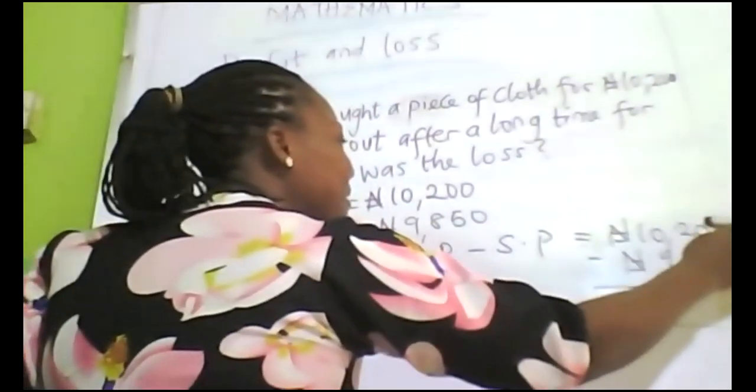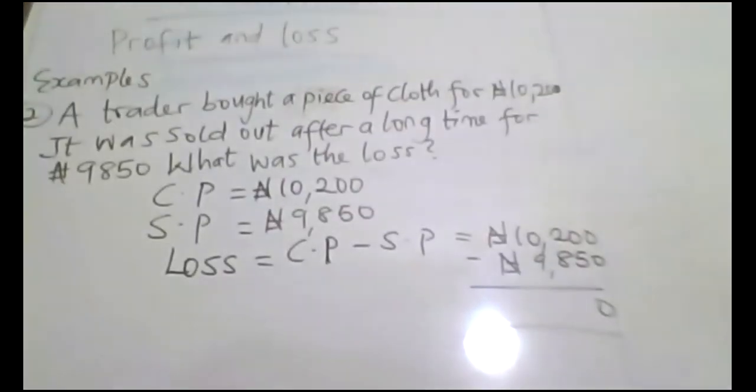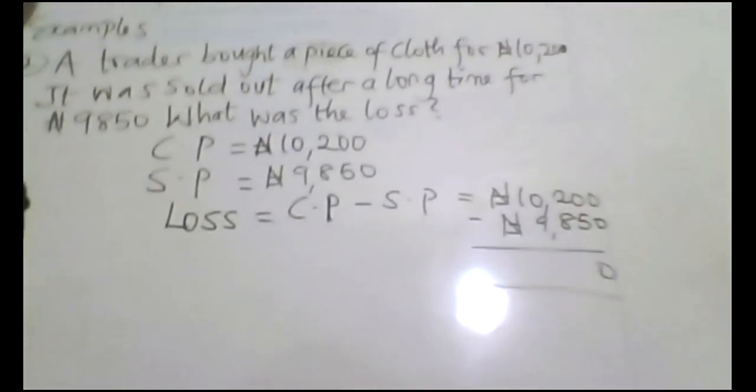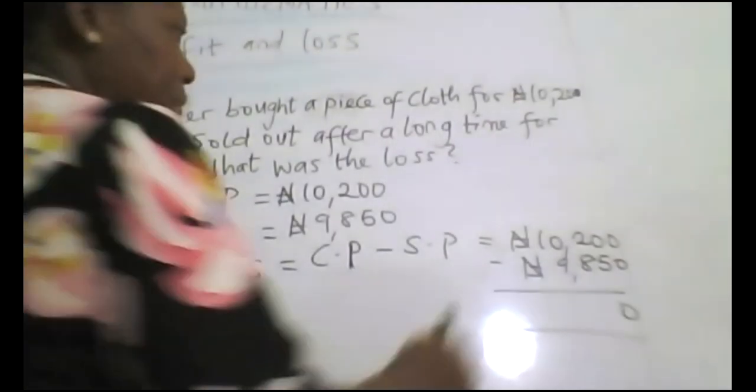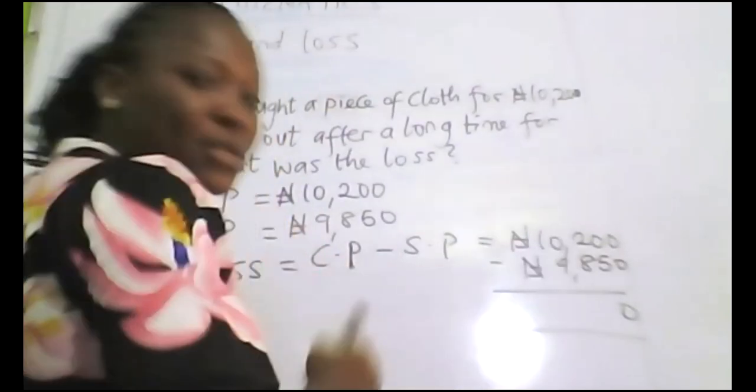0 take away 0 gives 0. 0 take away 5 is not possible, so I move to the next figure, which is 2.